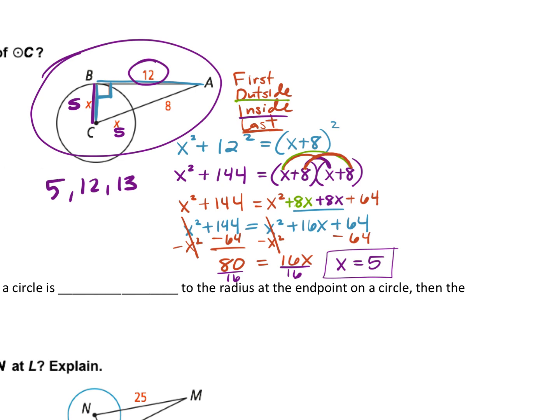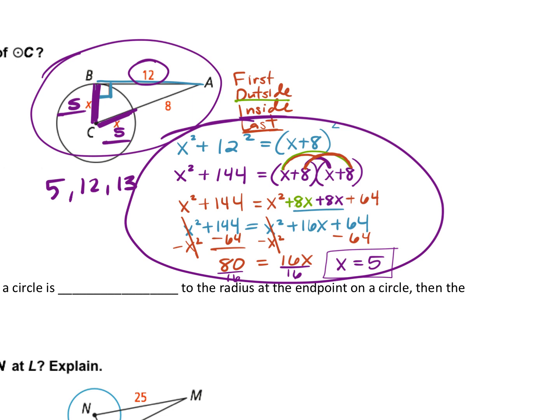So you could just try, does a 5 work here? If I put a 5 here and here, because these are going to be the same, do I get 5, 12, 13? Yes. Sure enough, I do. You can do it that way. It will work every time if you know your triples well. If you don't know your triples well, then do all this. Okay? Questions on that?